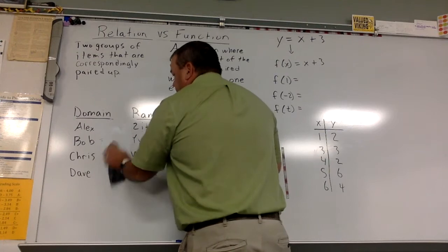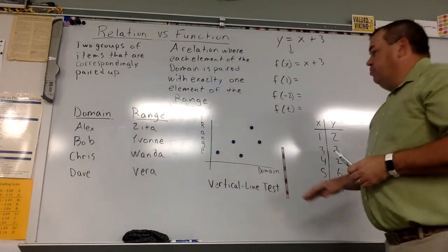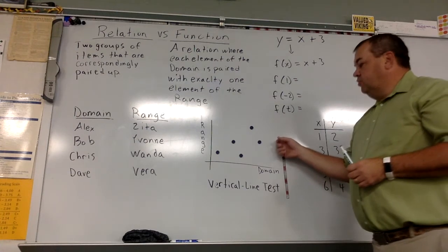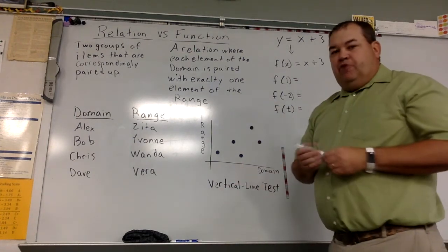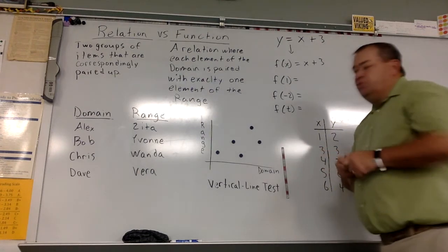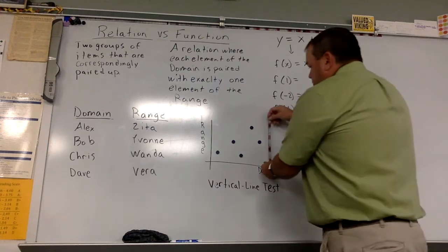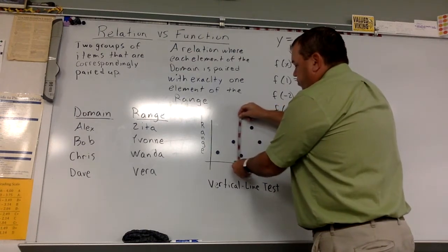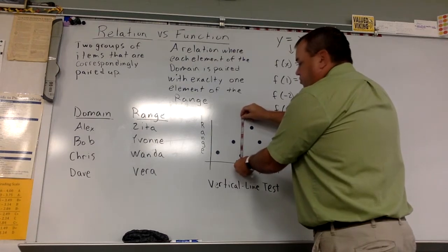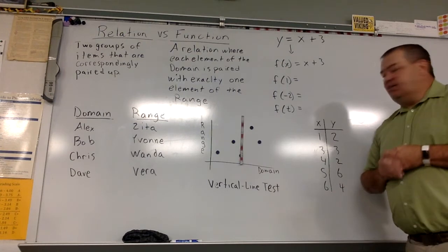Now, in math, obviously, we use numbers, and we have different ways of doing this. Sometimes we'll map these out by graphing. So notice I have my domain here and my range here. And the way we find out if something is a function is we use the vertical line test. So here's my vertical line, and I'm trying to find a spot where this vertical line touches more than one point. And if I can't do that, this passes the vertical line test.